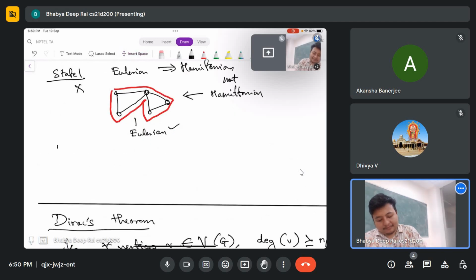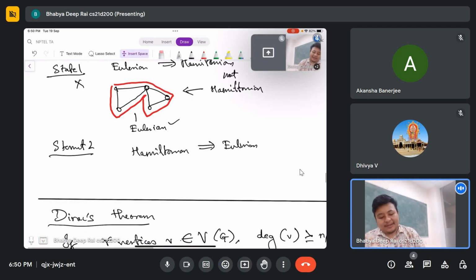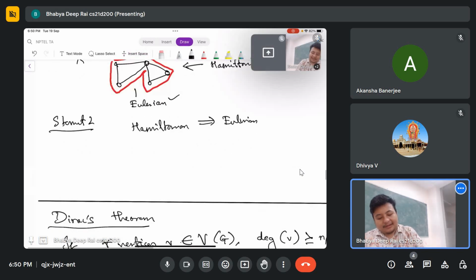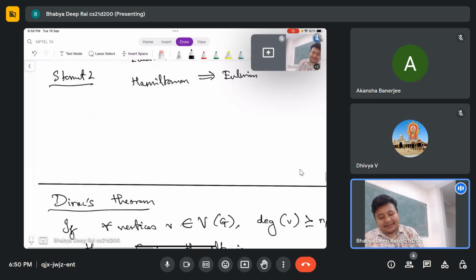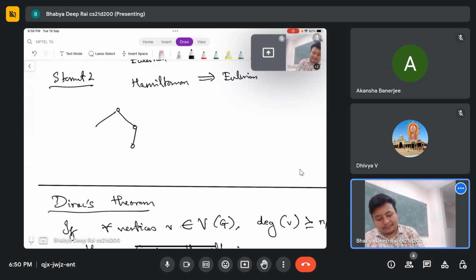Let's look at statement 2. Statement 2 says Hamiltonian, then Eulerian. I think this example was given in the lectures also. So the example is as follows. Let's take a graph which is Hamiltonian. This is the simplest graph which is Hamiltonian, right? But this is Eulerian also, because I have a path that visits all the edges and it comes back.